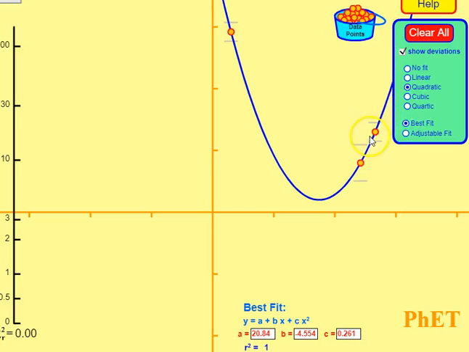Now, as you see over here, the r square is equal to 1. Now the correlation strength is given by how close r square is to 1. So if r square is exactly equal to 1, then obviously it implies that all your points will lie on the line of best fit, be it a quadratic one or a linear one.